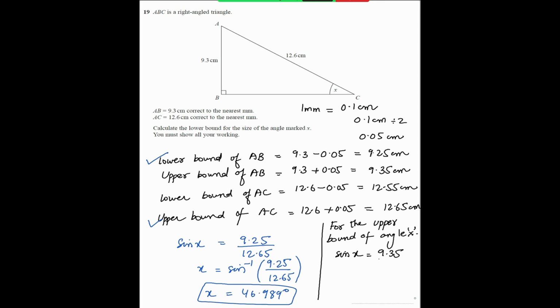Here you take the upper bound of AB and divide it by 12.55. And then if you do the calculation, you will get X equals 47.830 degrees. So that's the extra calculation I did there. It is the upper bound of angle X. Okay, but that's not needed there. But suppose they ask you to find the upper bound also, we can do that calculation.